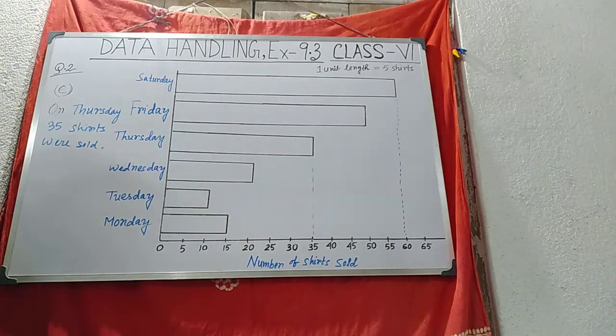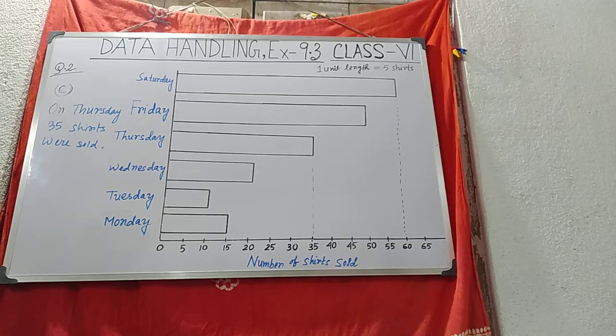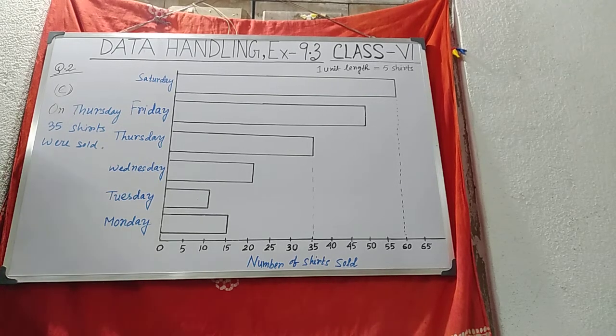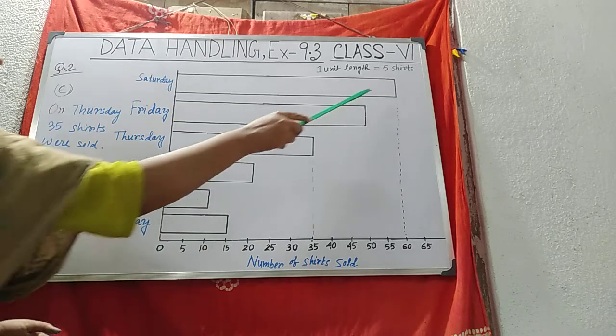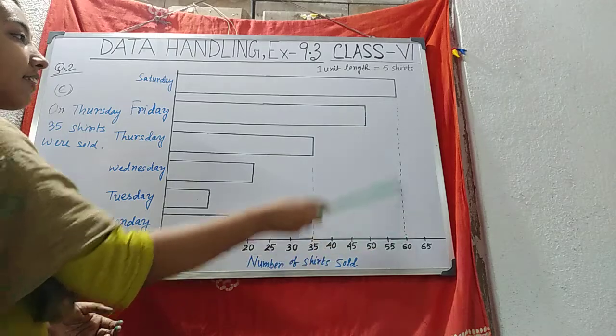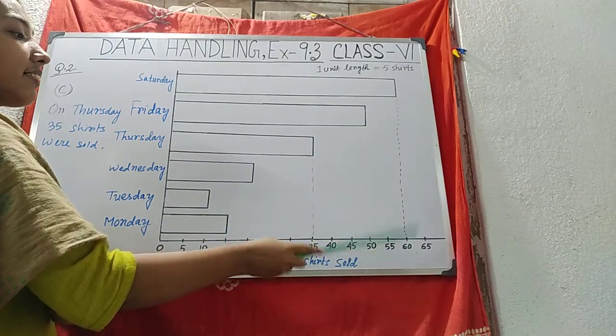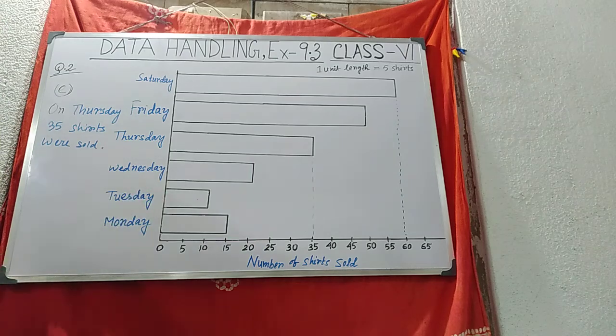So on Saturday the maximum number of shirts were sold. Now the second part of question number C, how many shirts were sold on that day? For this we have to draw a dotted line from this bar to the horizontal line to get the accurate number. Here we are getting 60. So 60 shirts were sold on that day.